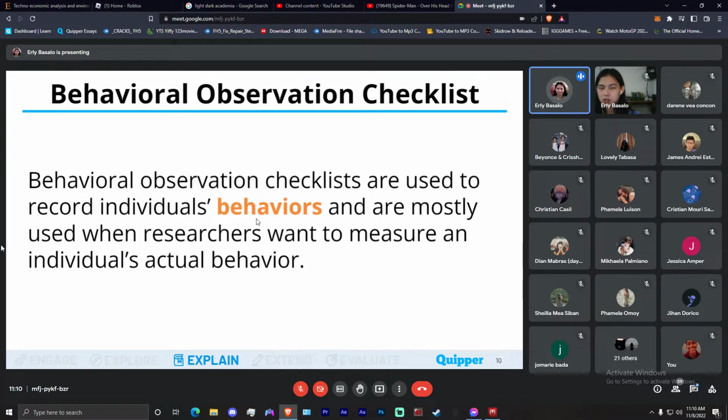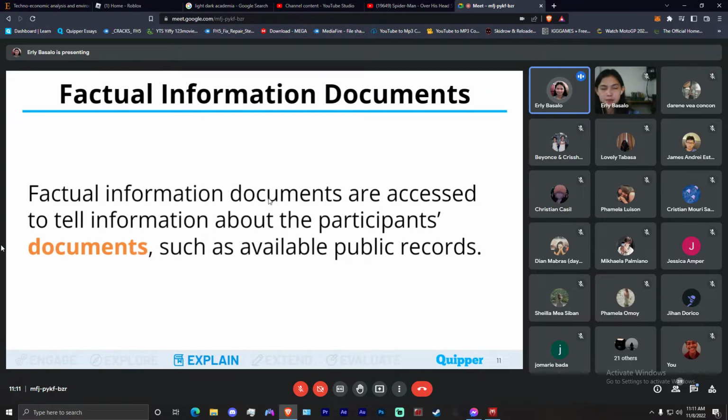Then we have behavioral observation checklists. Behavioral observation checklists are used to record individuals' behaviors and are mostly used when researchers want to measure an individual's actual behavior. From the word behavior, you are going to measure the actual behavior of an individual or your participant. Next, we have factual information documents.